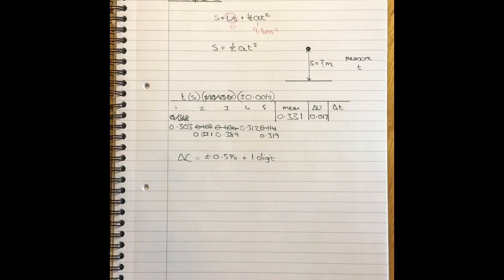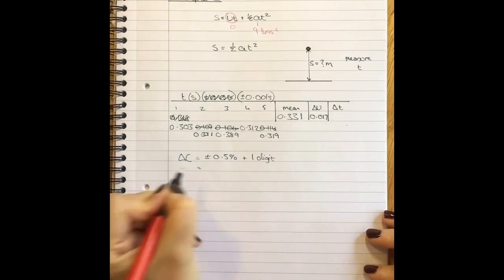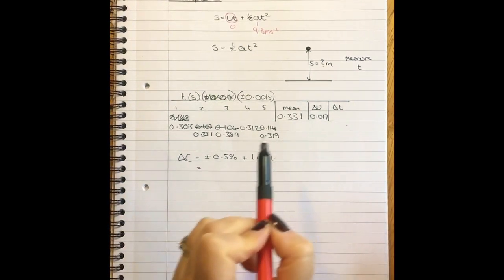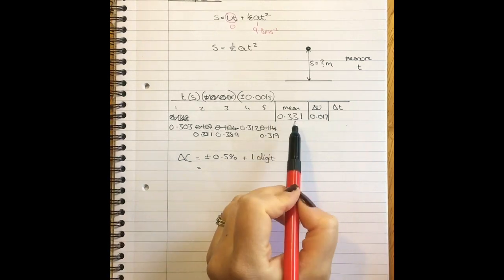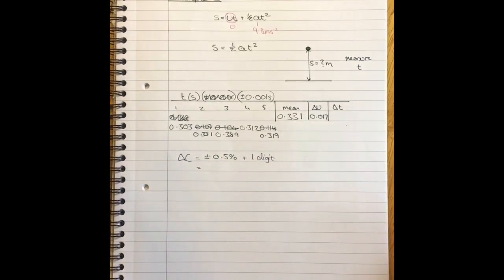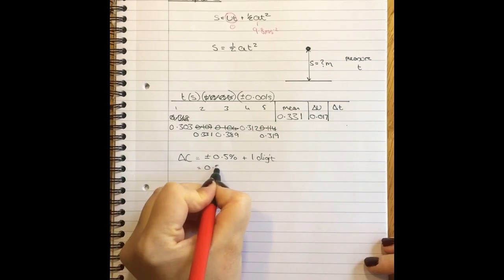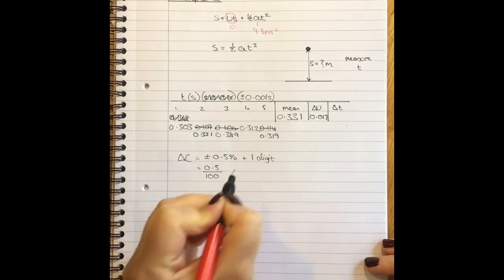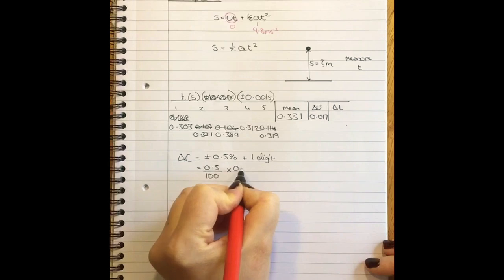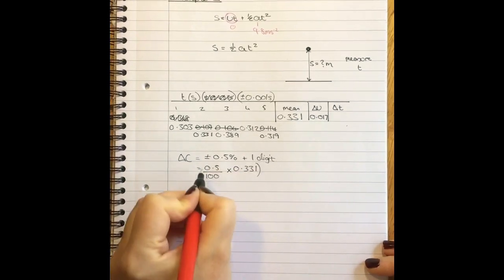You will see that quite a lot as the calibration uncertainty for a digital measuring device. So what on earth does that mean? Well, it's 0.5% of our mean plus the smallest digit that can be, so basically plus your reading uncertainty. So for us, that is 0.5 over 100 times 0.331.